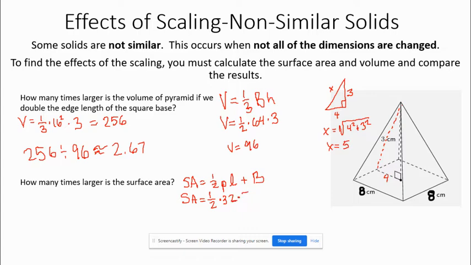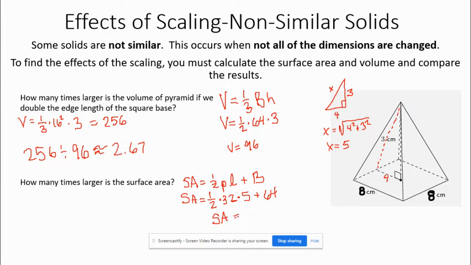The lateral height of 5 plus the base area, which would be 64. Half of 32 would be 16, and 16 times 5 is going to be 80. We're going to double check that. So 80 plus 64, I'm going to do that in the calculator too.